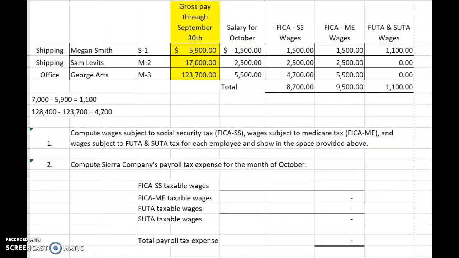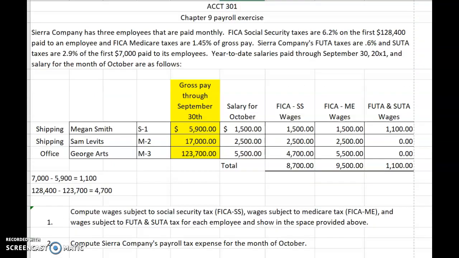Now we have all the information necessary to easily calculate Sierra Company's payroll tax expense for the month of October. FICA taxable wages are $8,700, given to us in the problem, and you know from prior video lectures that the Social Security tax rate is 6.2%.